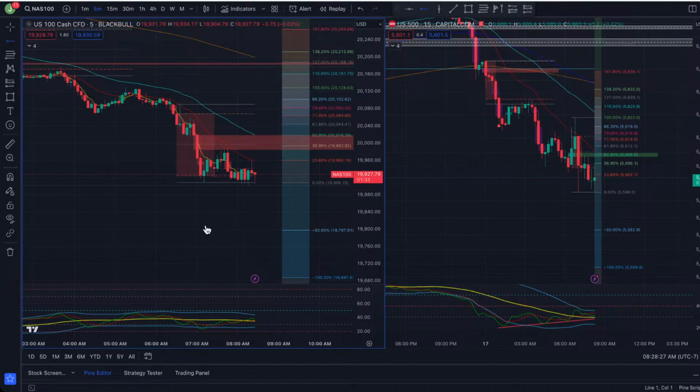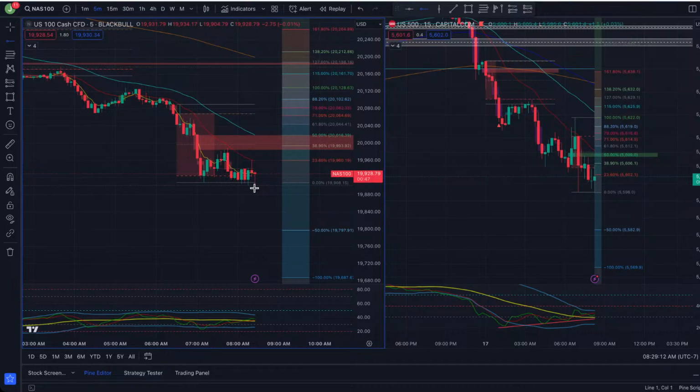Price still just gesticulating within that range. Still just wicking from both sides.